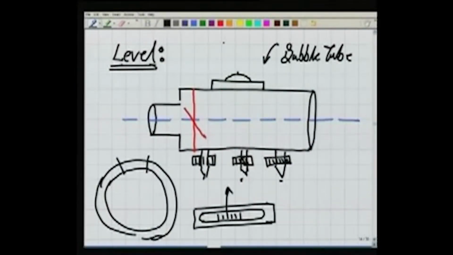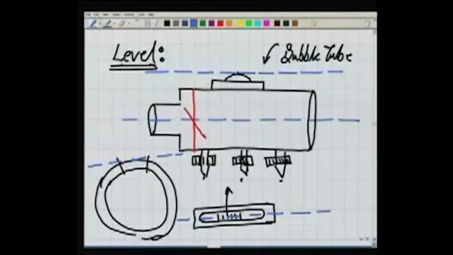At the center of my bubble tube we define a line which is tangential at this point, tangential to the circle of the bubble tube. For example, here that was the circular tube. So, that is the line I am talking about, and this line we call the axis of the bubble tube. Okay. So, we can see the axis of the bubble tube.